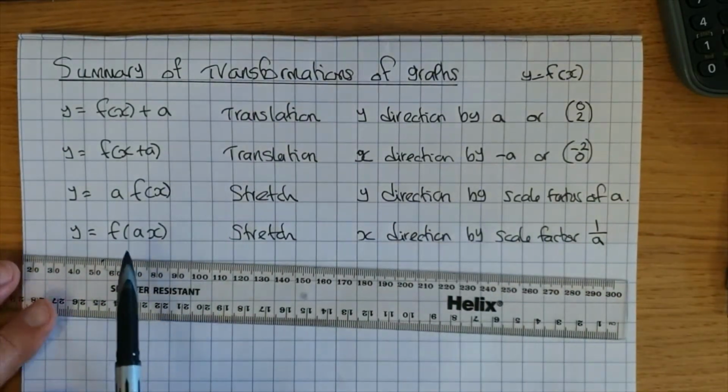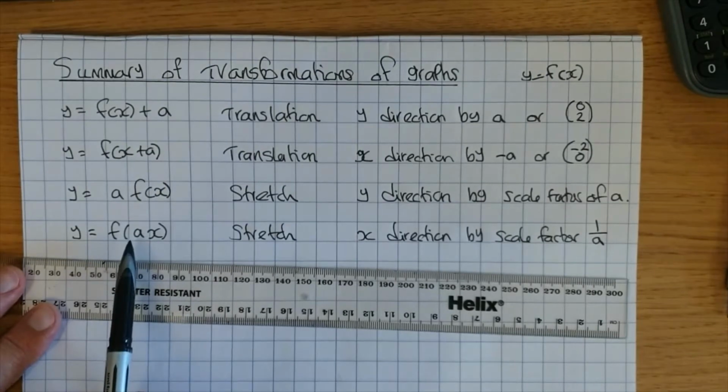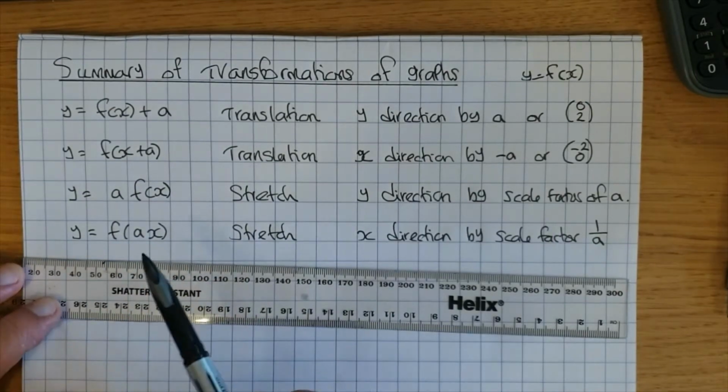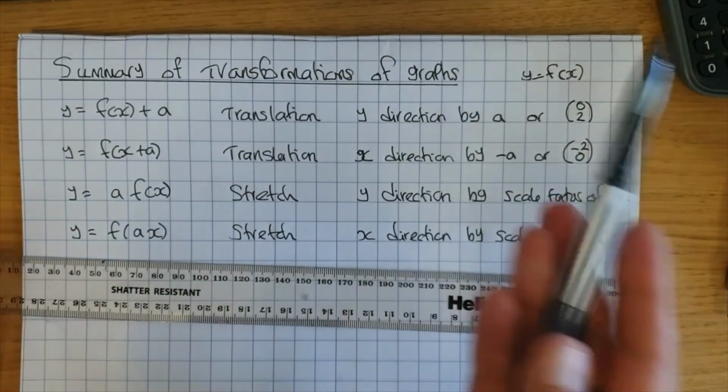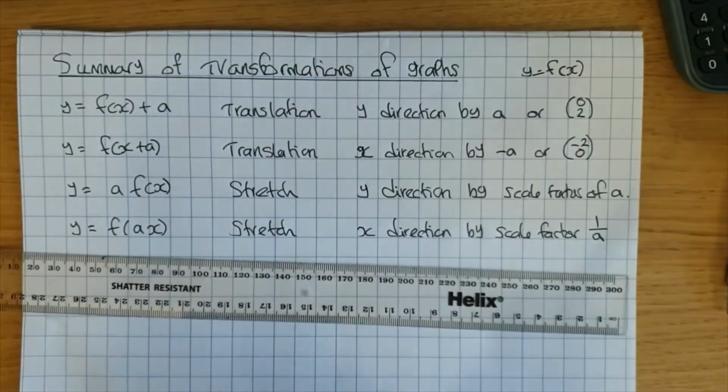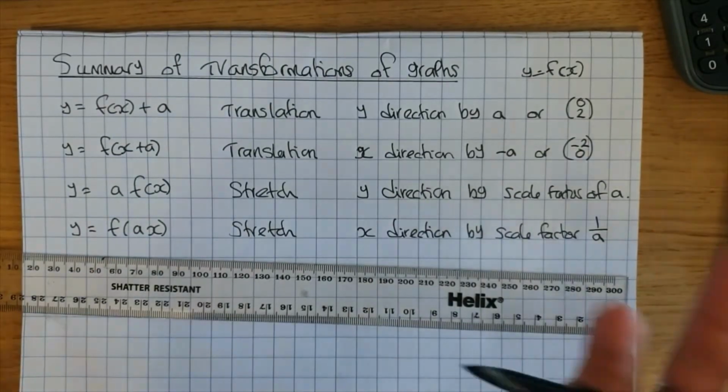If again we remember the graph of y equals x squared, when we had y equals 2x all squared, what that did was it produced a graph which was half as wide. In other words, 1 over a as wide.